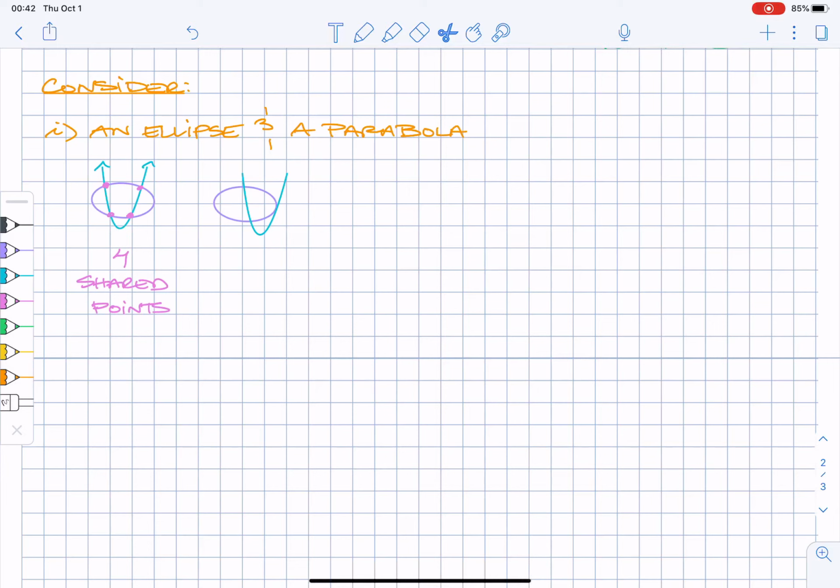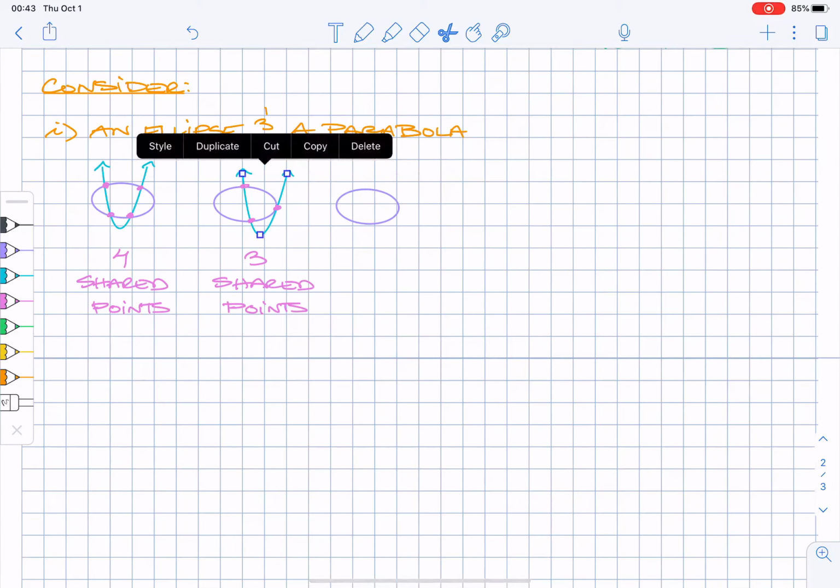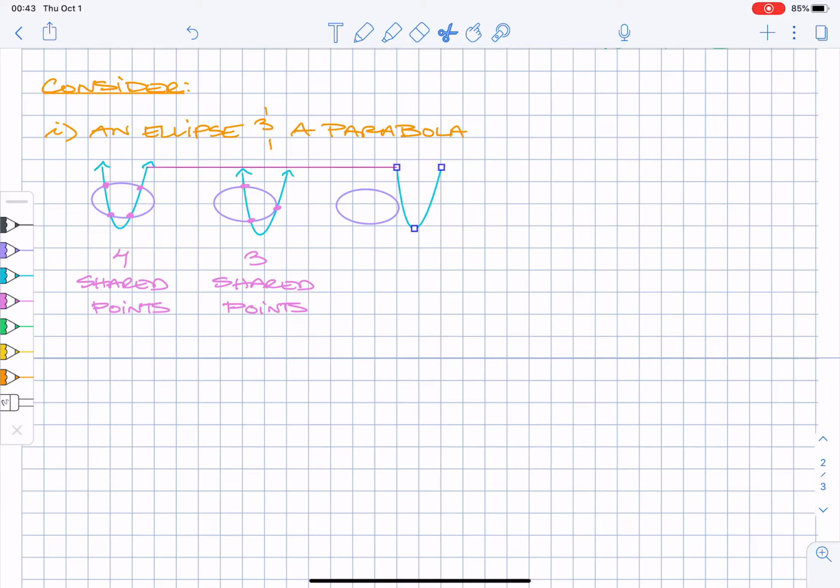So in this next case, notice that there's 1, 2, 3 shared points. In this next case, notice that there's 2 shared points.